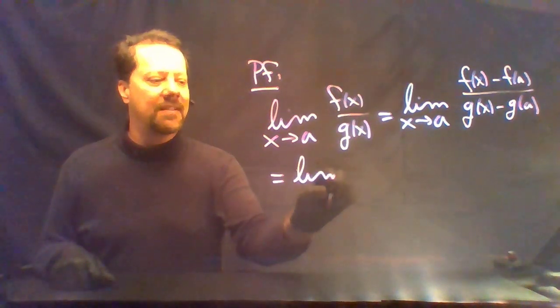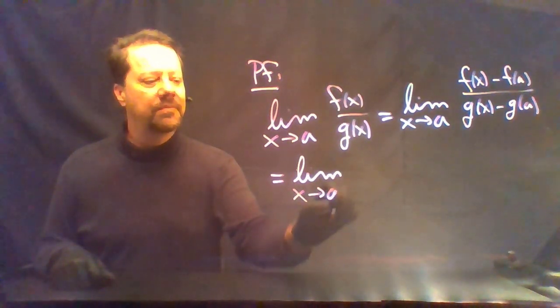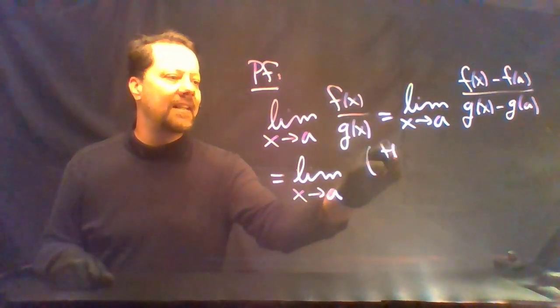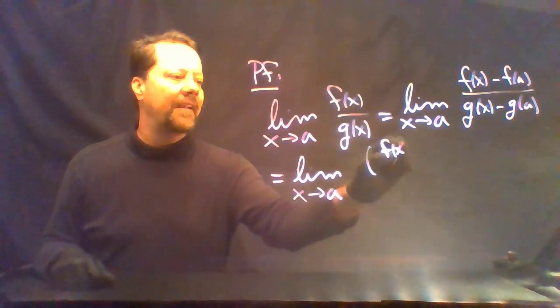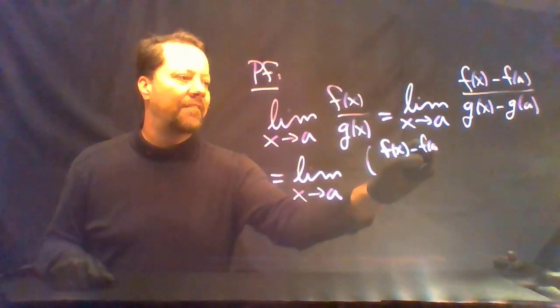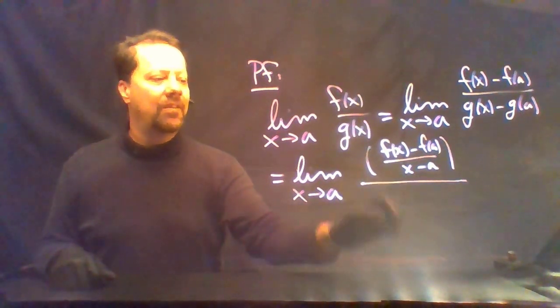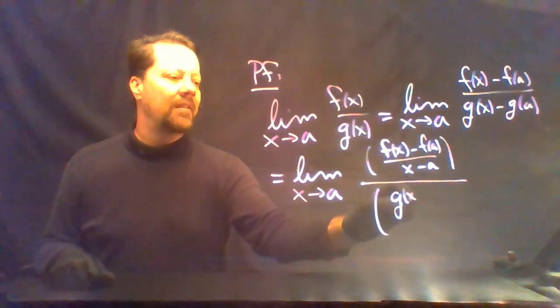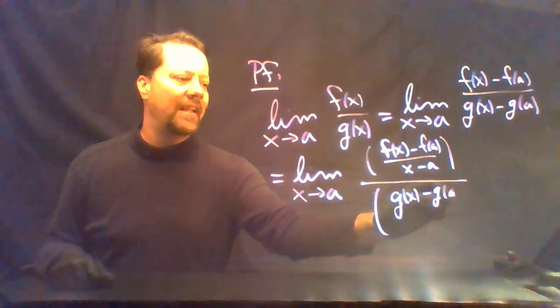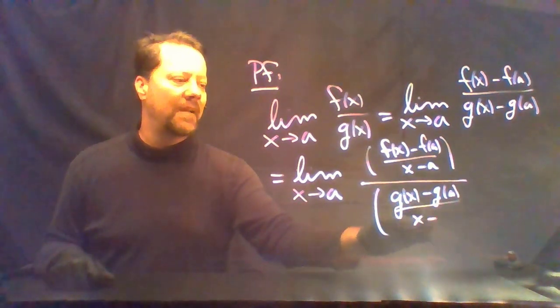Also, because it's differentiable, we can write this as f of x minus f of a over x minus a over g of x minus g of a over x minus a.